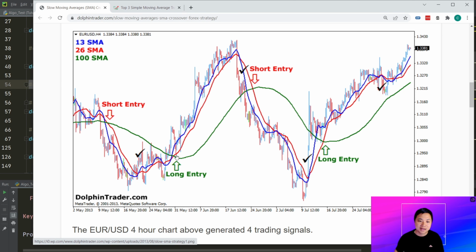You can see that the fast crosses over the slower moving averages, and in that case it will trigger a buying signal. On the other hand, when the fast crosses under the slower moving averages, just like the blue crossing under the red and then under the green, that will trigger an exit signal or a short entry signal.